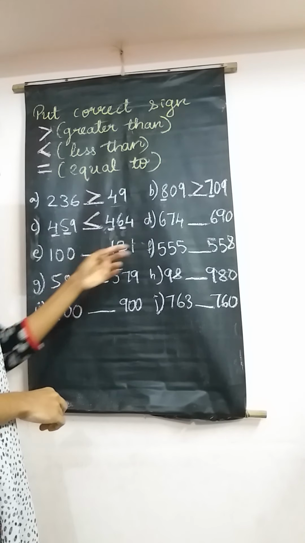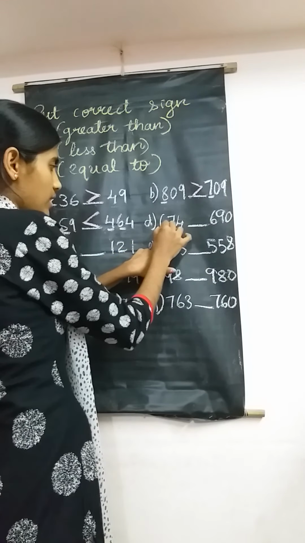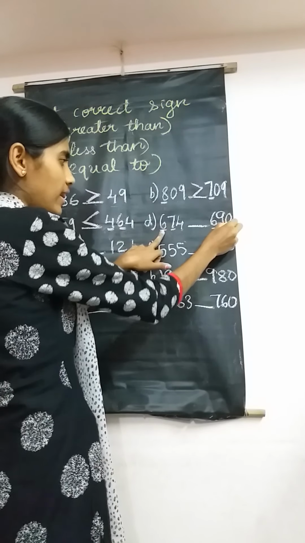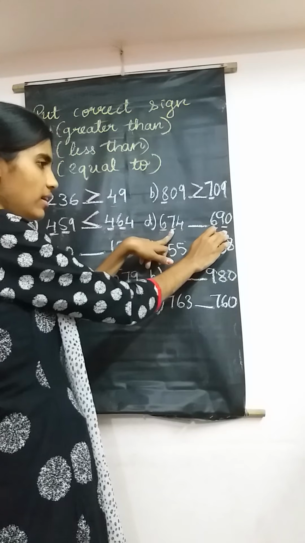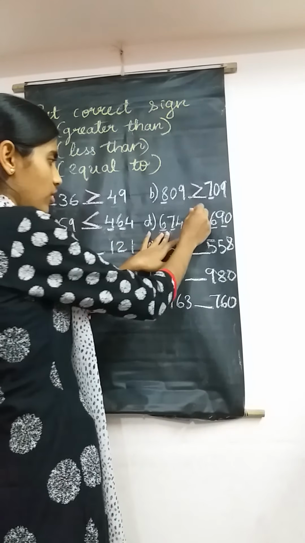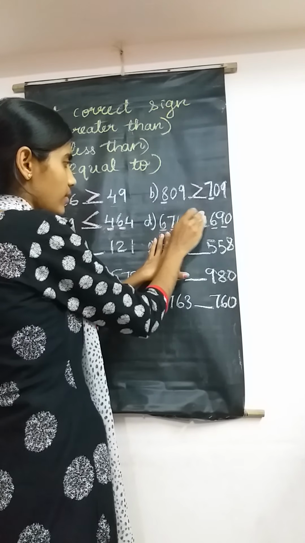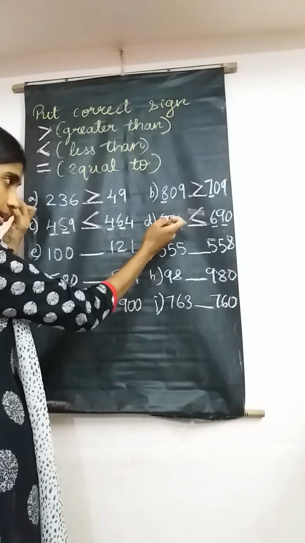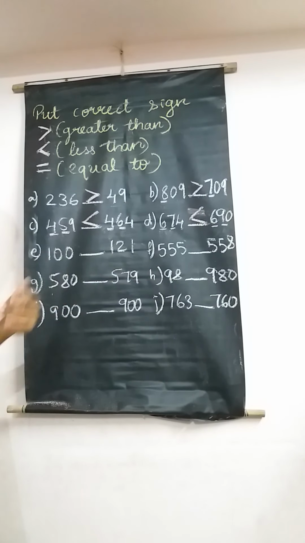Can you see? Yes. Now compare this. 6, 6, same. So go to the next place. 7, 9. Now compare 7 and 9. 9 is greater and 7 is the lesser number. So let us put the lesser sign. Lesser sign this side, greater number that side.